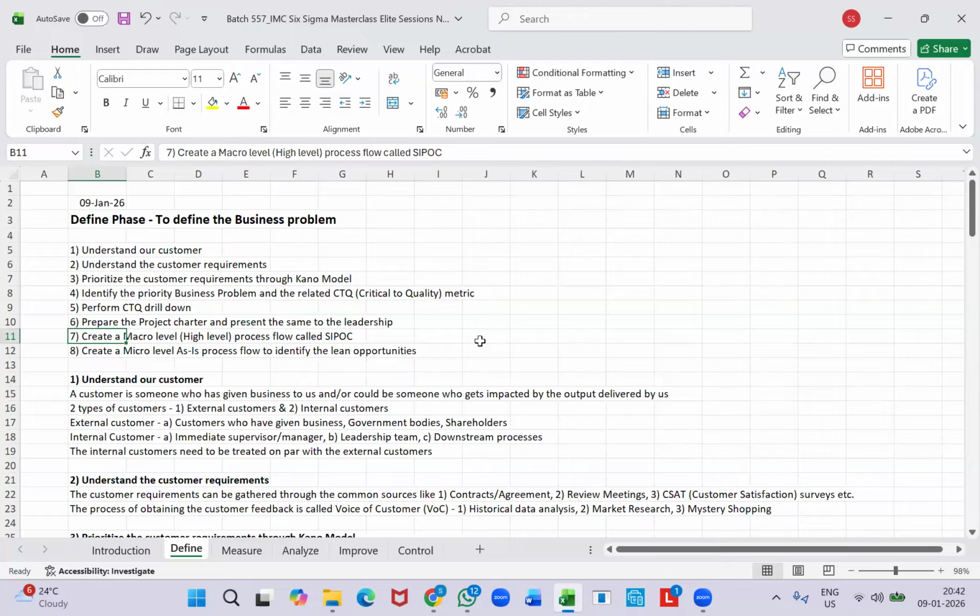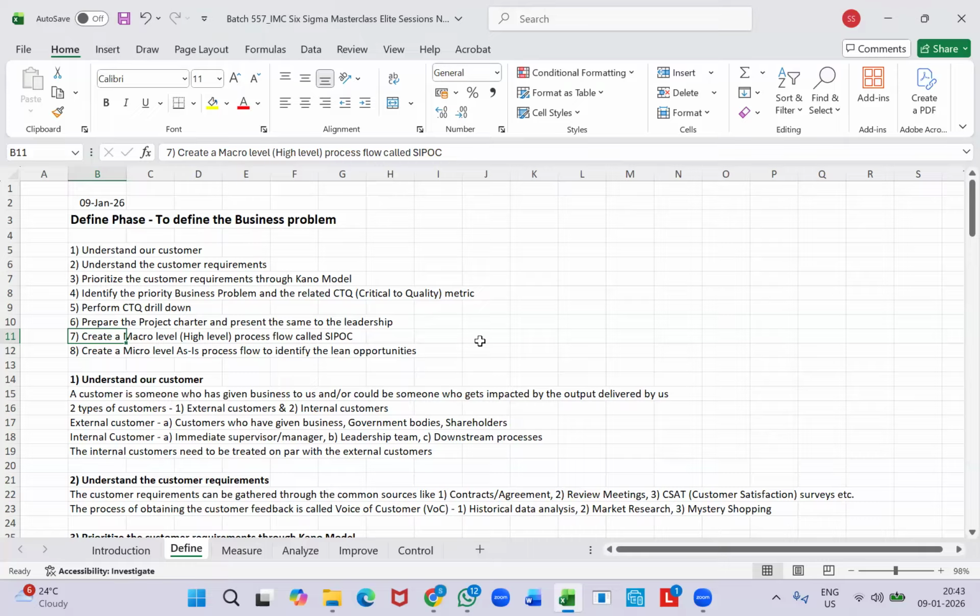But unfortunately, as I told you, over a period of time, the people who are working that process would have inadvertently added a few more process steps. So it's always better to consider the as-is process flow, which would depict the process as it is being executed in the shop floor, for necessary improvements.